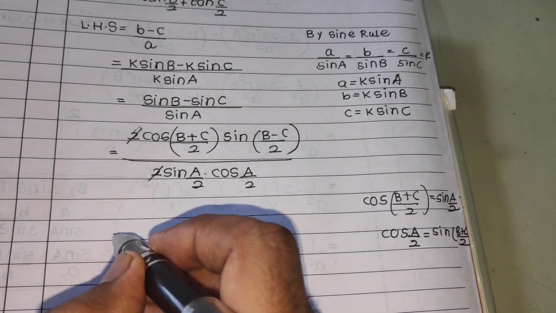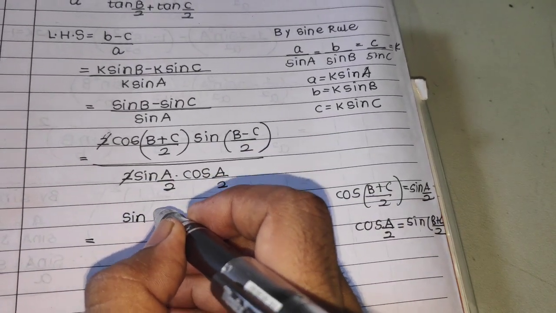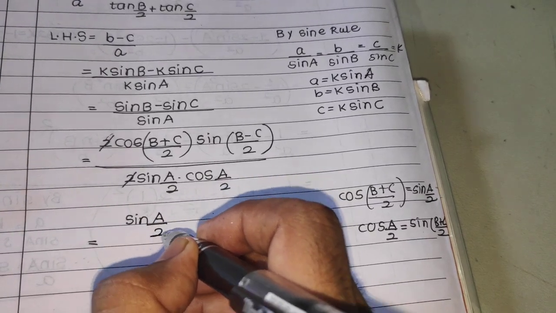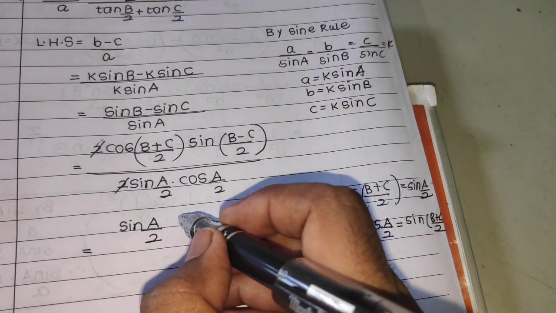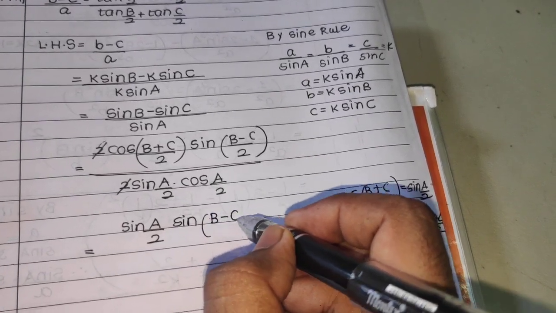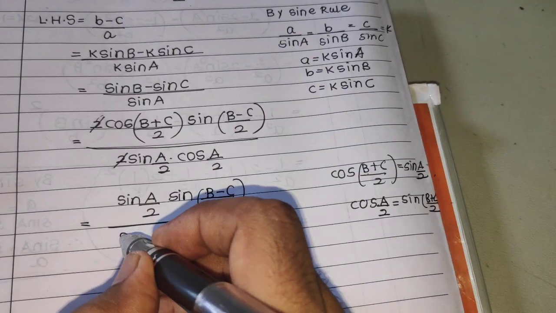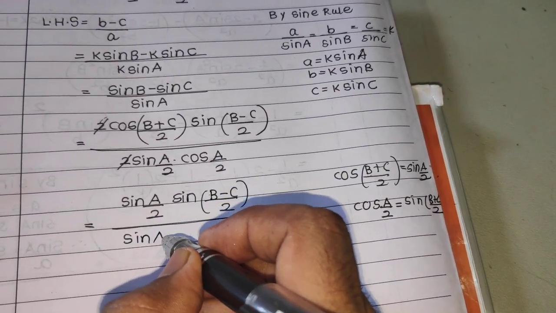Using these two formulas, cos of (b plus c) by 2 will be sin a by 2. Sin of (b minus c) by 2 will remain as it is. So sin of a by 2.